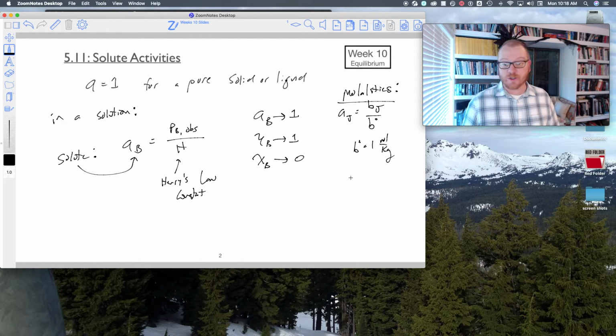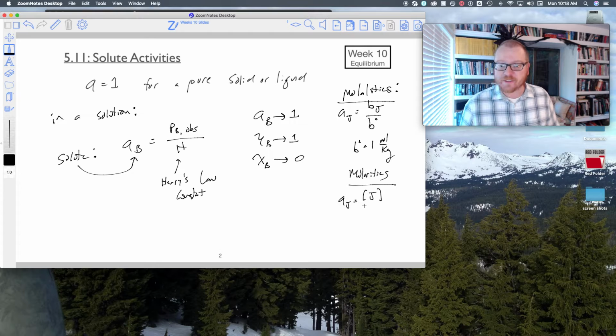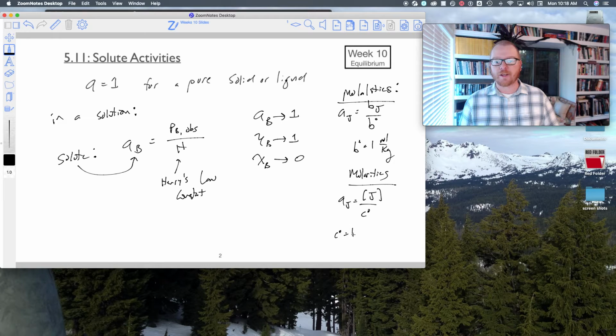Of course, we could do this for molarities. In terms of molarities, this would be the molarity of species J divided by standard molarity, where standard molarity is, of course, 1 mole per liter.